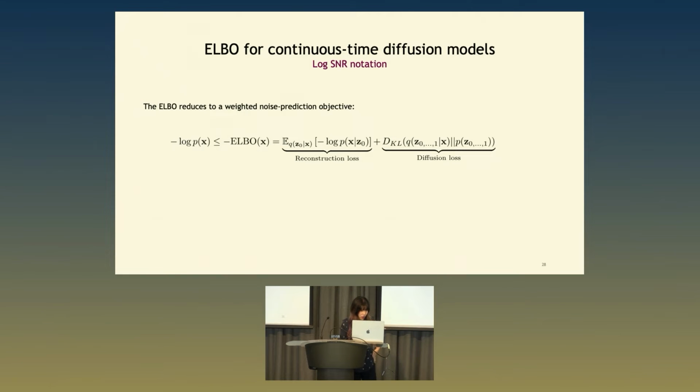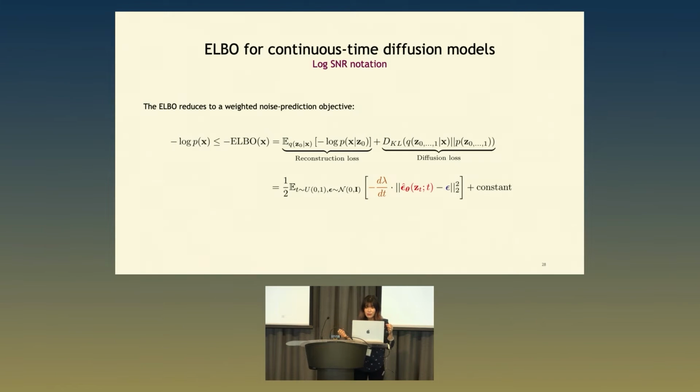And then we are ready to define the ELBO in this continuous time case. If we again assume the forward process can denoise to something close enough to a pure Gaussian distribution, then we only have two terms in this ELBO. One is the reconstruction loss, which is the log probability of the clean sample given the first noisy sample, and the other is the diffusion loss. Remember, in the discrete time case, we have a giant weighting term in front of this L2 reconstruction loss.